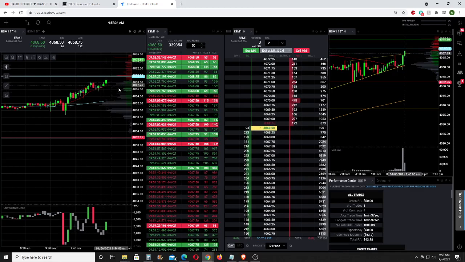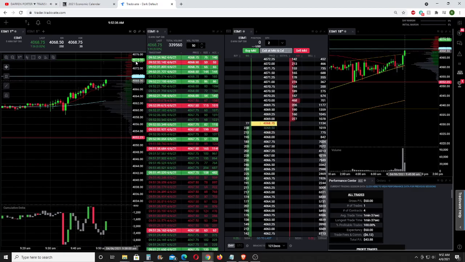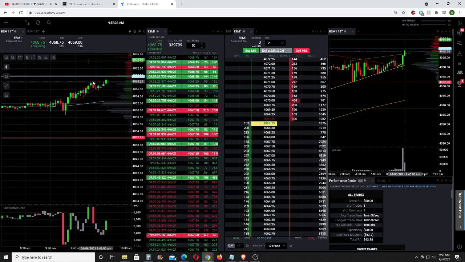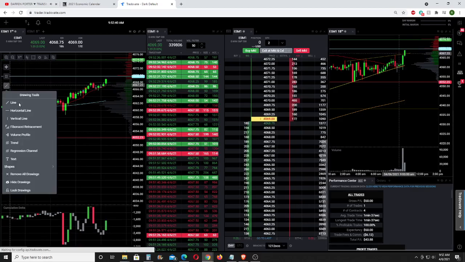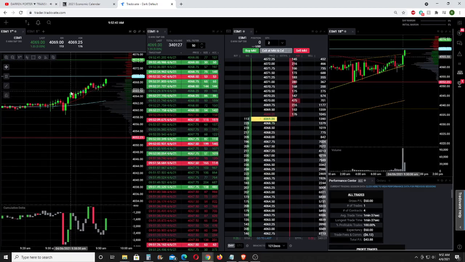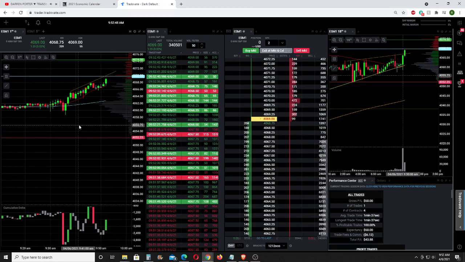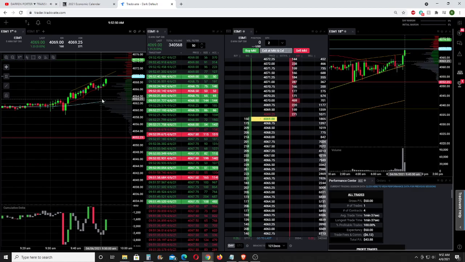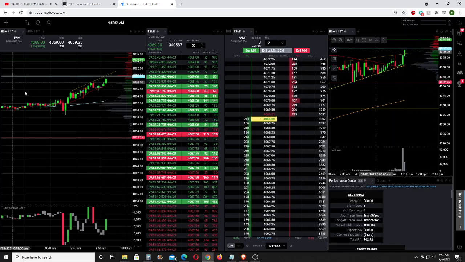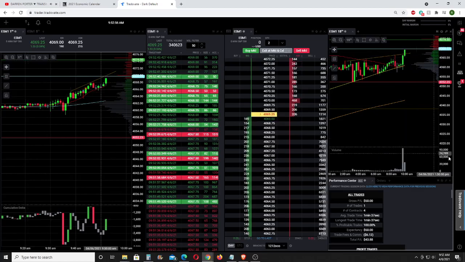Yeah, this is wow, very strong, very strong. Let's start drawing trend lines too, right here. Very, very strong. Very strong market.